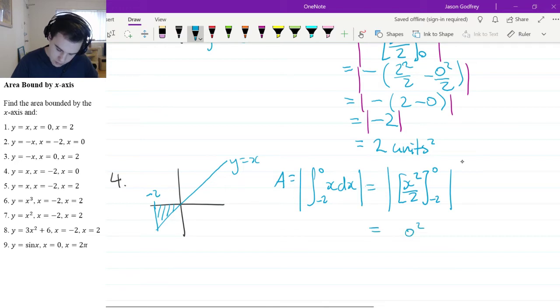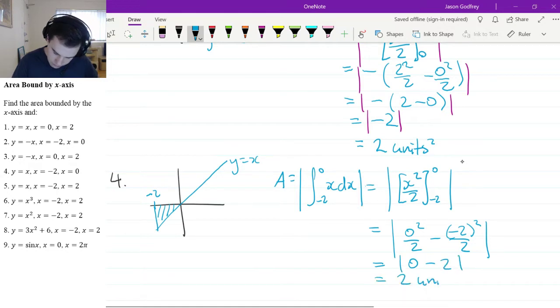And when we sub in, we get 0 minus 2. So we actually get 2 square units the whole time.